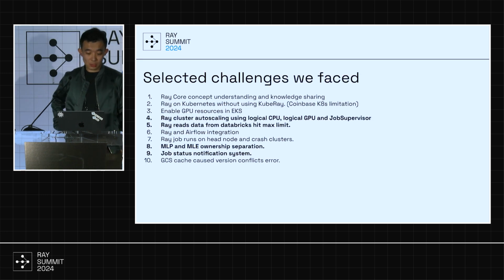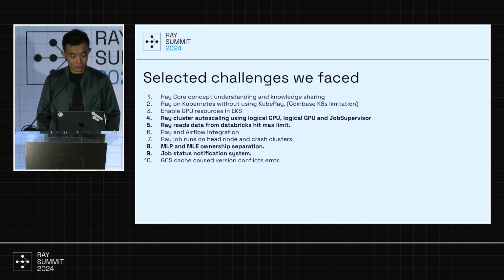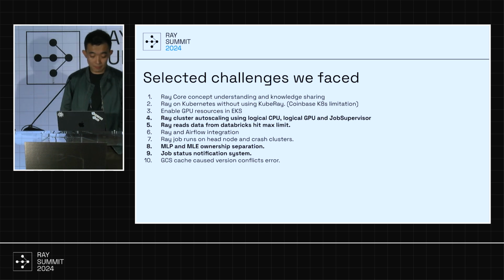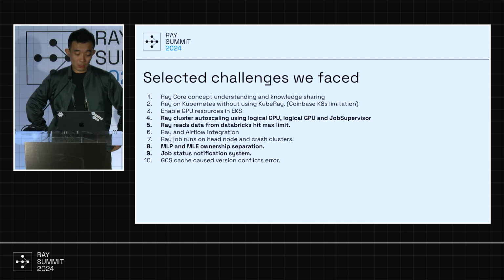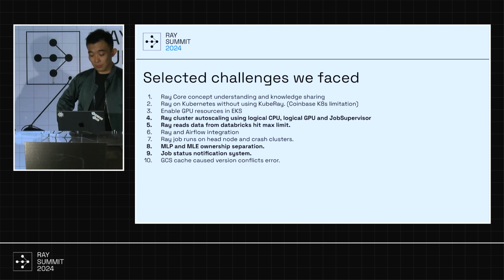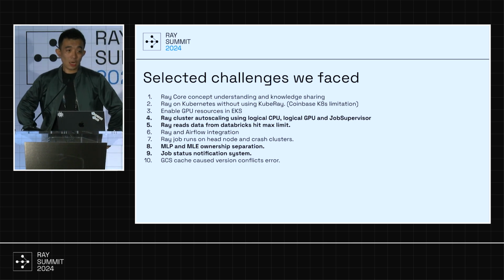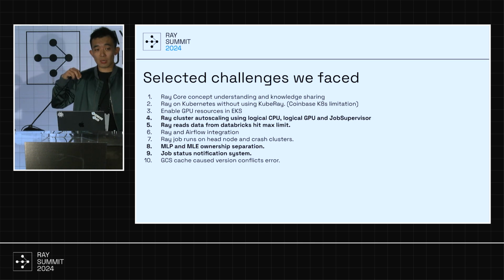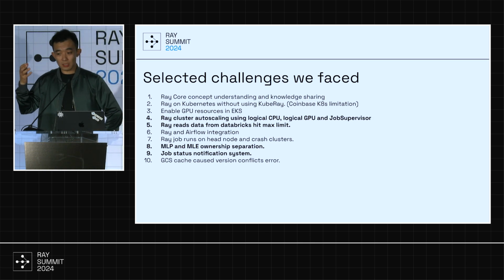Some challenges we faced during the migration. There are many, but first is how to scale, how to do this logical CPU, GPU, job supervisor scaling. Basically, you don't want to kill your cluster or remove this instance.